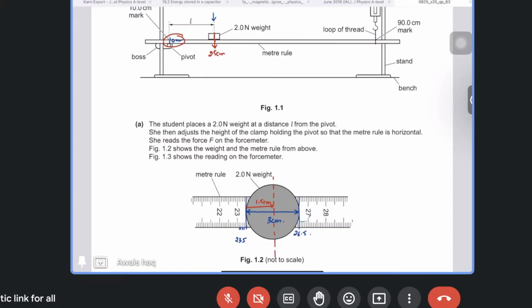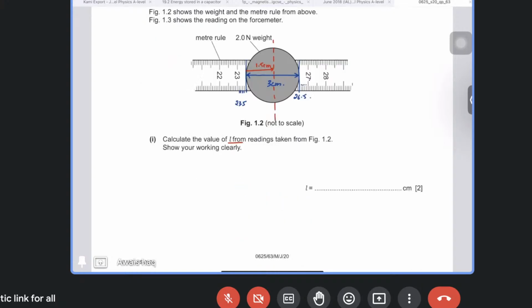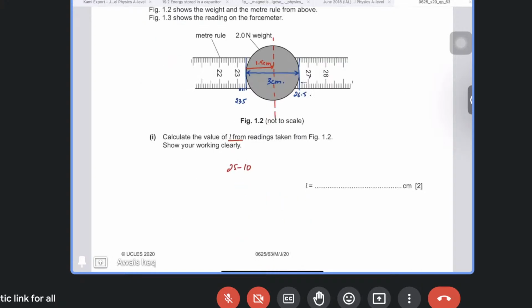So 25 minus 10 is basically 15.0 centimeters. If you notice, I've written 15.0. Why have I written 15.0? Because it shows the precision of the instrument, which is the meter rule, correct to 1 decimal place. Is it clear, everyone?